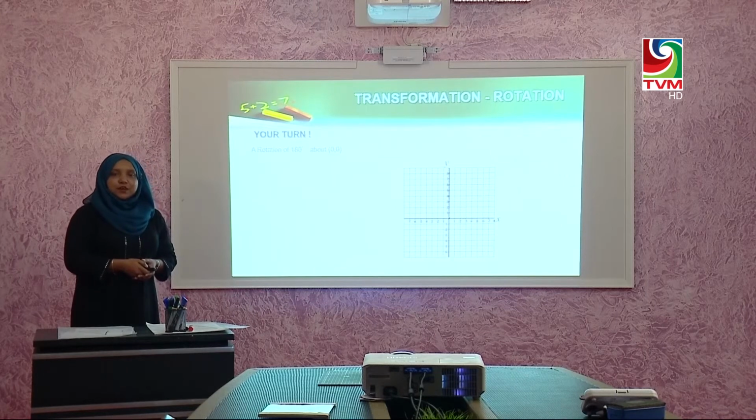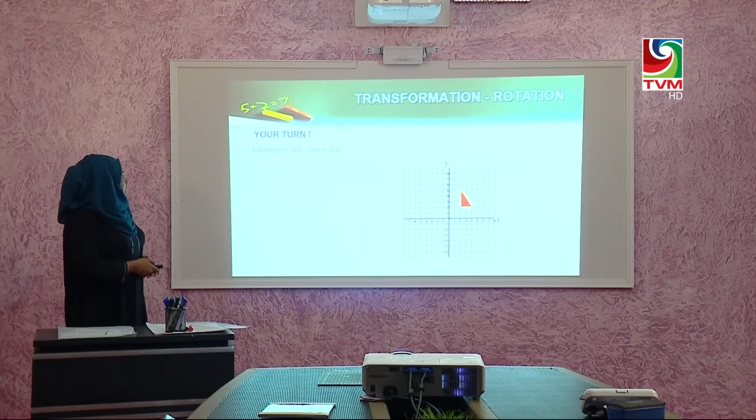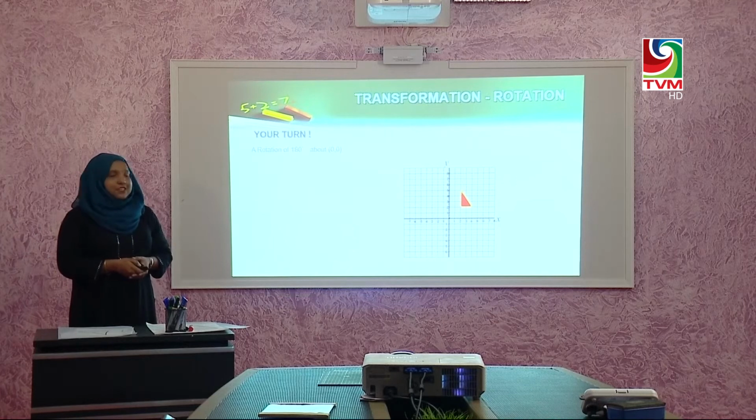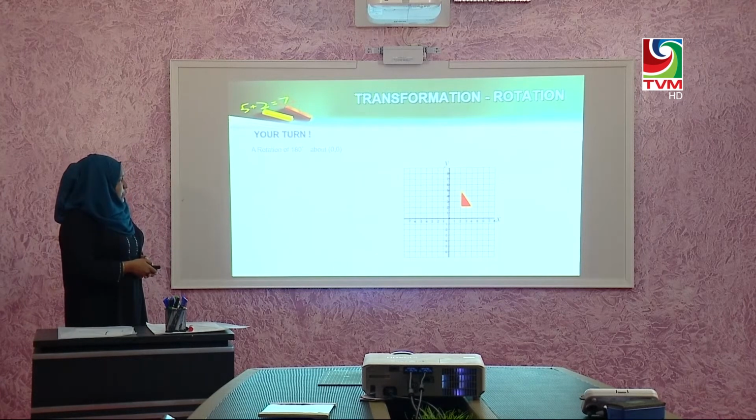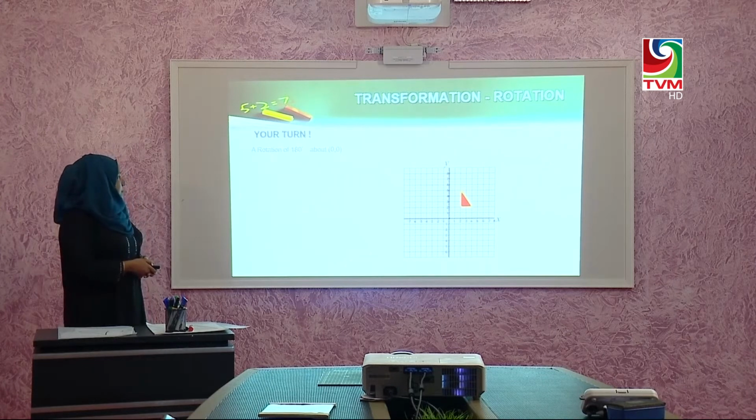Okay students, now this is your turn. You have to rotate this triangle 180 degrees about 0,0. As you are going to follow the same steps, I am going to show you how to carry out this rotation.